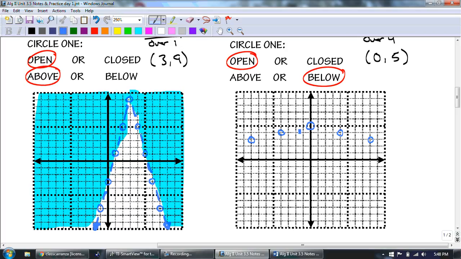And when we have open points, we have to have dashed lines. Okay, and yeah, both lines have to be dashed. Okay, you can't have one solid and one dashed. Okay, and where did we say to shade? Yeah, we said to shade everything below.